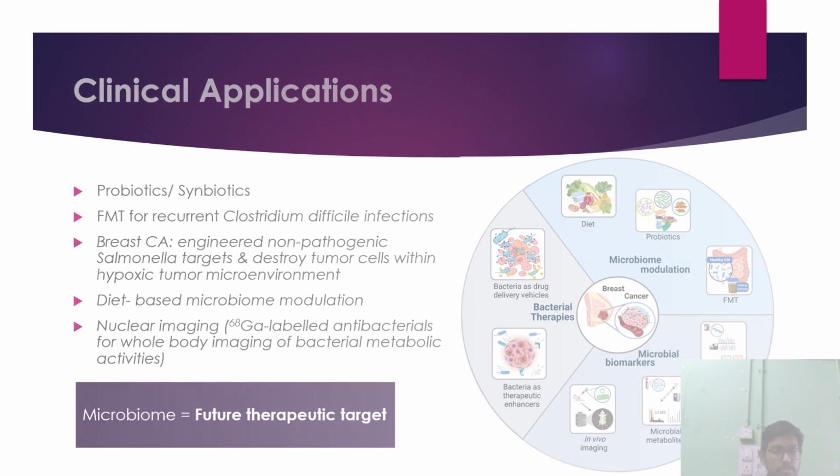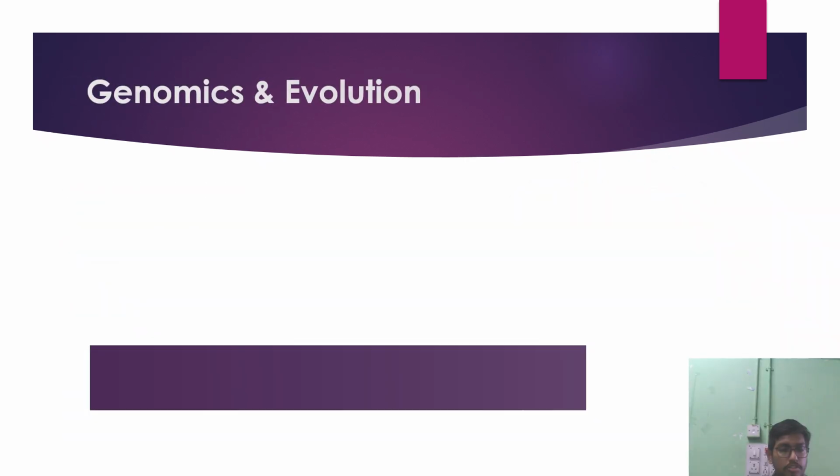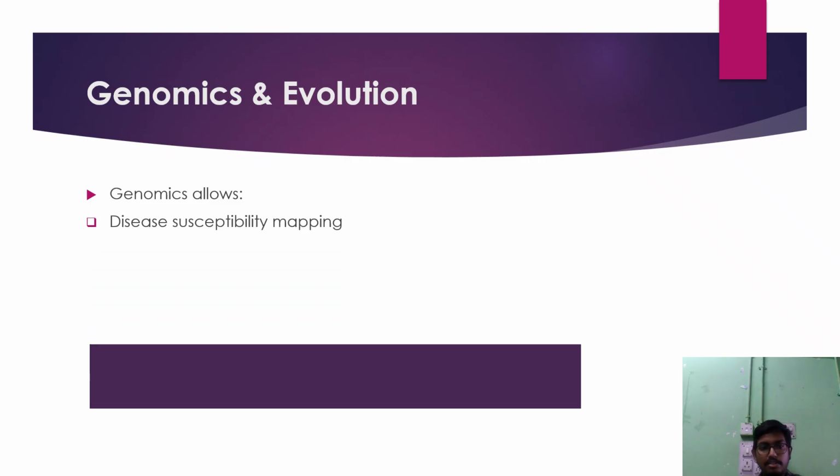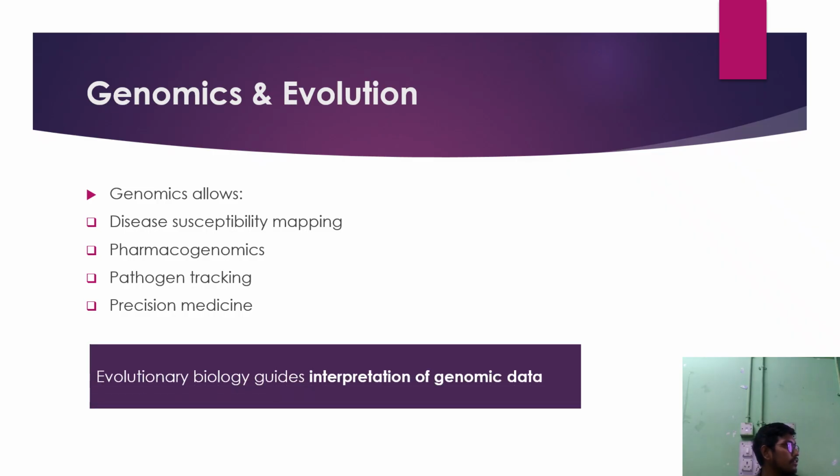Now, genomics and evolution. Genomics allows disease susceptibility mapping, pharmacogenomics, pathogen tracking, and precision medicine. So evolutionary biology guides the interpretation of genomic data.